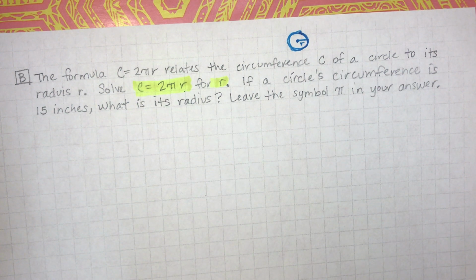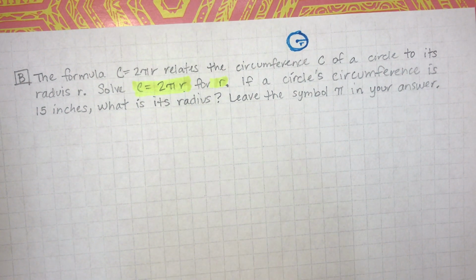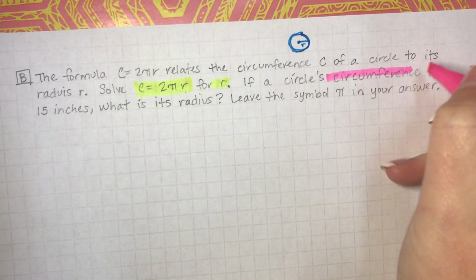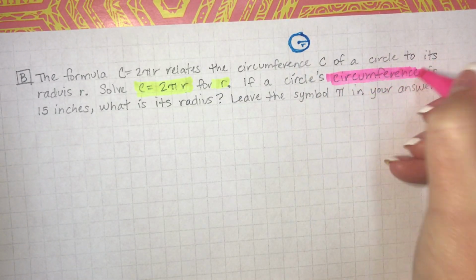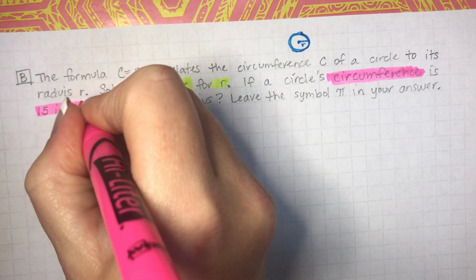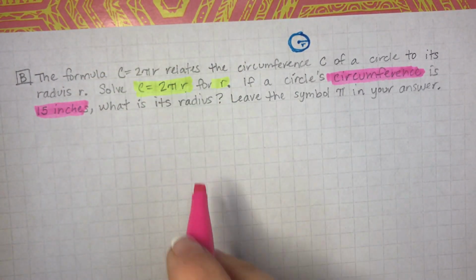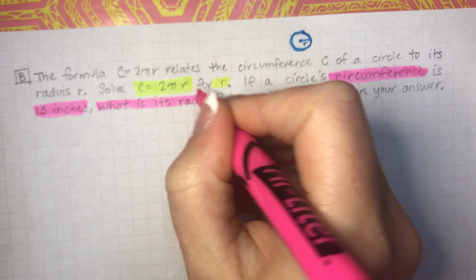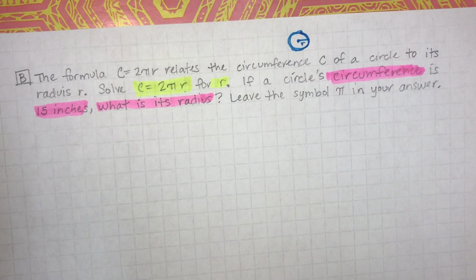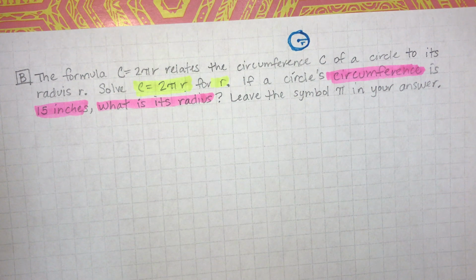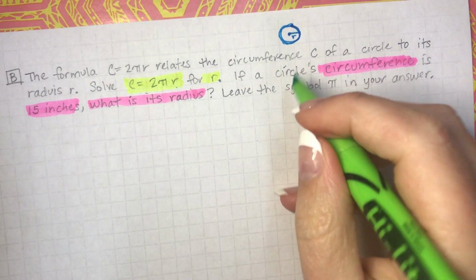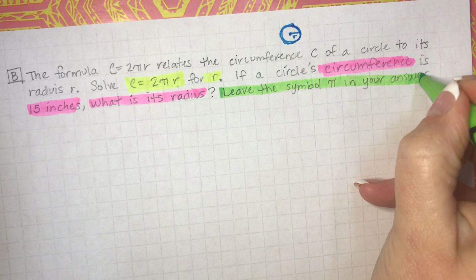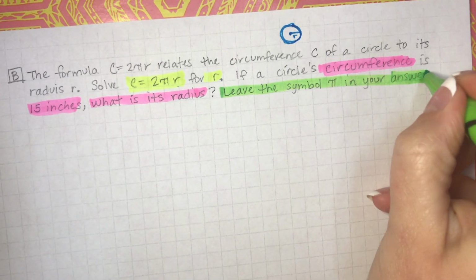Then the second step says if a circle's circumference is 15 inches, what is the radius? So it wants us to determine the radius. And lastly, it wants us to leave the symbol pi in our answer. So we just have to remember how they want us to write that answer.